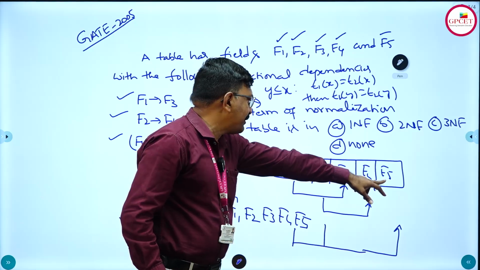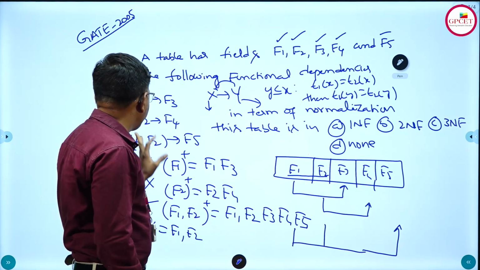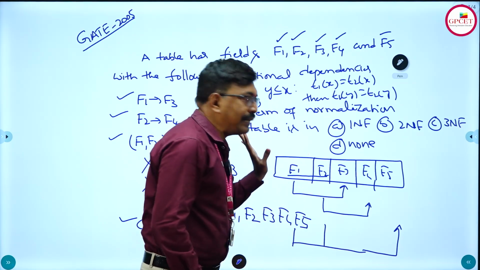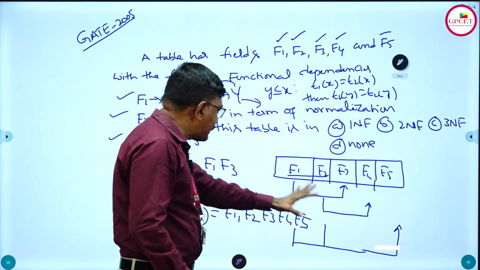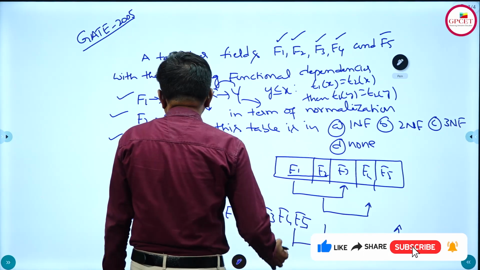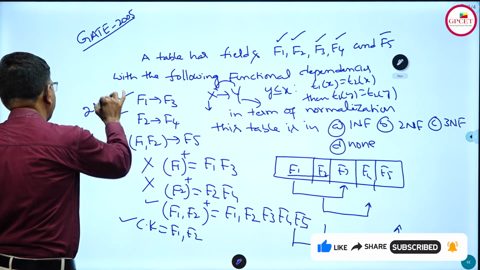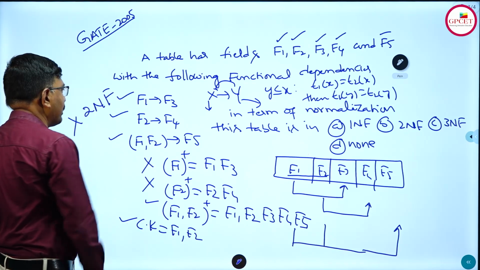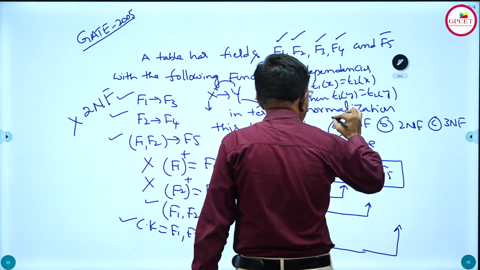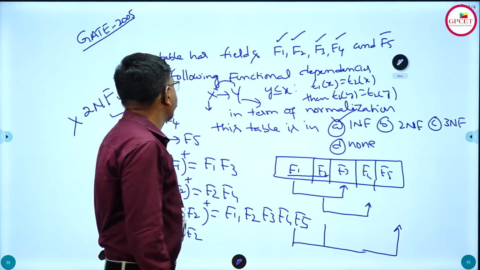The non-key attribute F5 is fully functionally dependent on F1, F2. Whereas F2 is a part of the primary key, and F1 also is a part of the primary key, that's why there is a partial dependency. The given relation is not in second normal form. It is in first normal form. According to our options, the first answer is correct: first normal form. Is it clear?